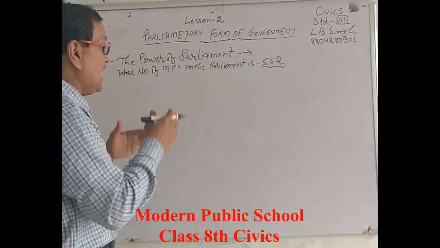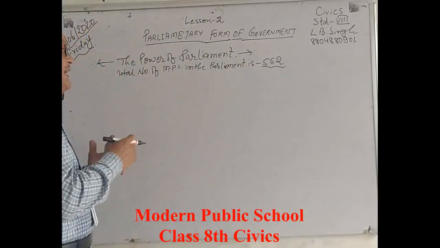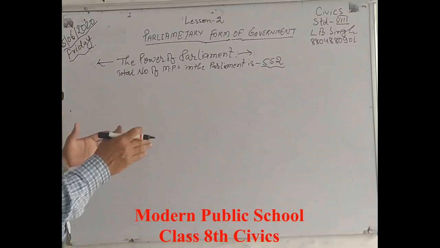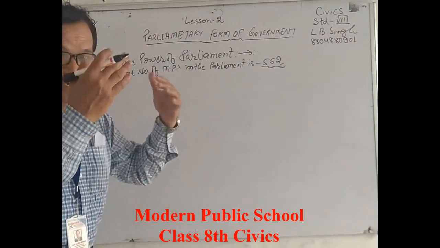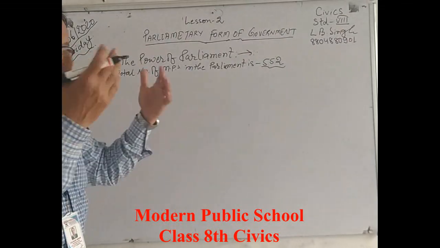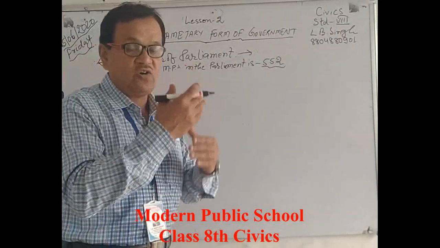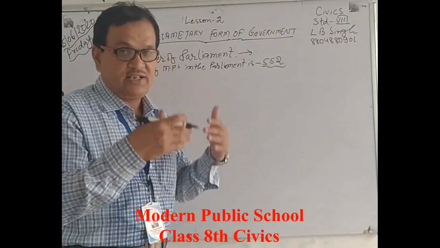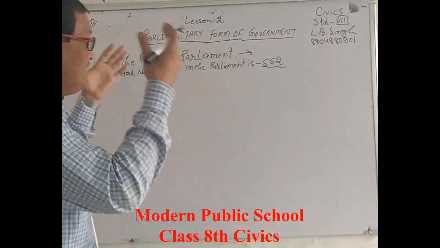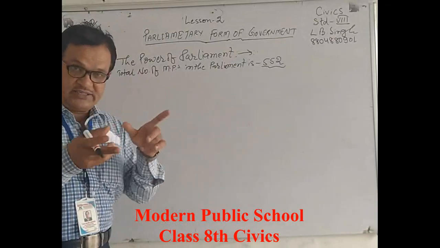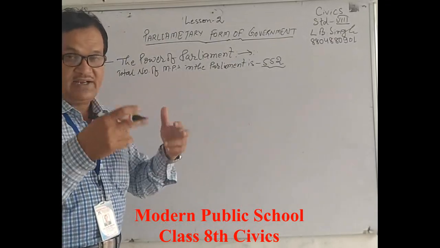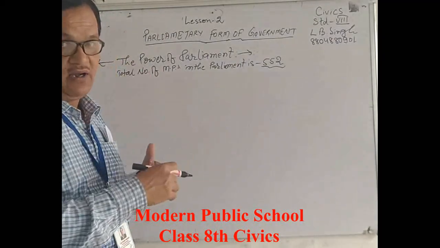So we have to study now the power of parliament. What are the powers? How many powers or functions does parliament have? Parliament means two houses. One is the Lok Sabha and the other is the Rajya Sabha.